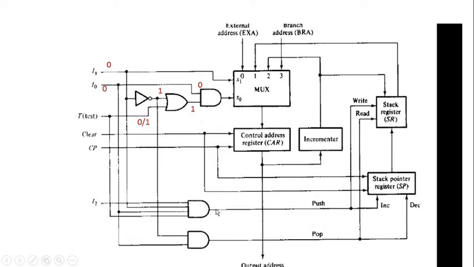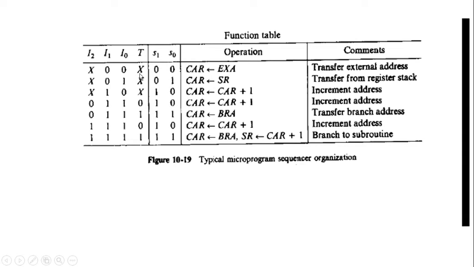The output of this AND gate is used for selecting when to perform the push operation, so it has no role in setting S1 and S0. That is why it is a don't care condition for the test input as well as for I2. Whenever I1 and I0 become 0, 0, the S1 and S0 values become 0, 0, so that the CAR register is loaded with an external address information.